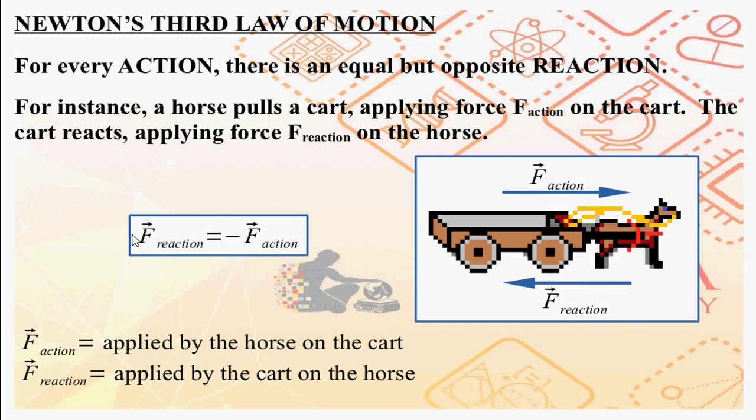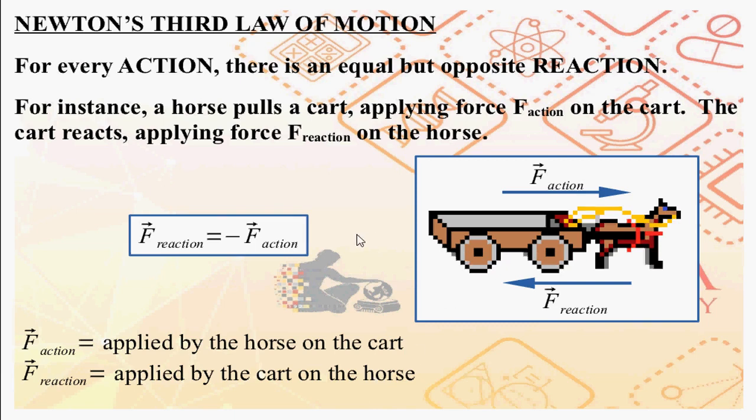That's a common misconception of the third law of motion. They will not cancel out even though they are equal but opposite in direction. They will not cancel out because they are applied on two different objects. F action, for instance, with respect to this figure, is applied on the cart, while F reaction is applied on the horse.